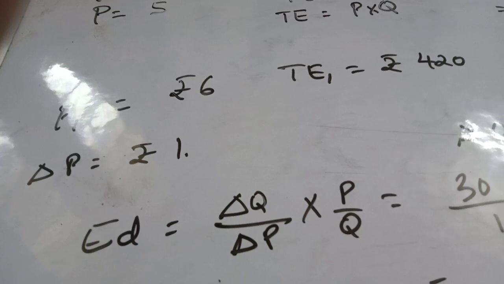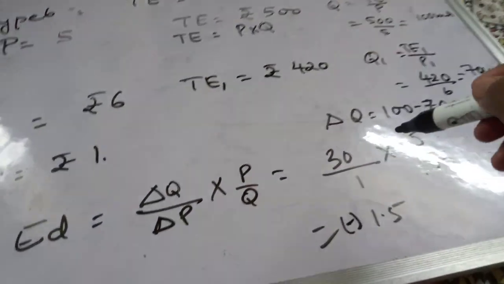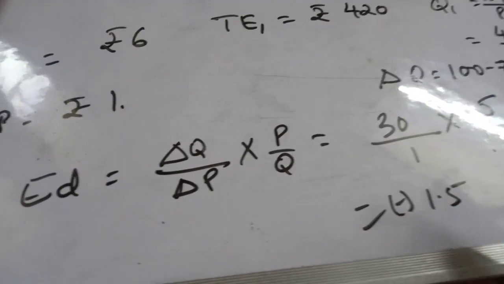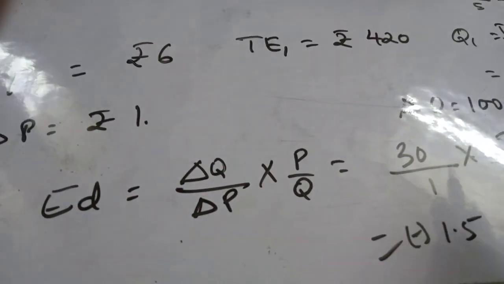It's coming out to be 1.5. If you put minus, it would be good, but even if you don't, it's okay. But then you need to remember that there is a negative relationship between price and demand.